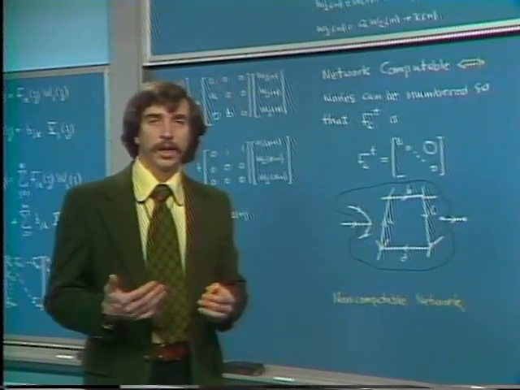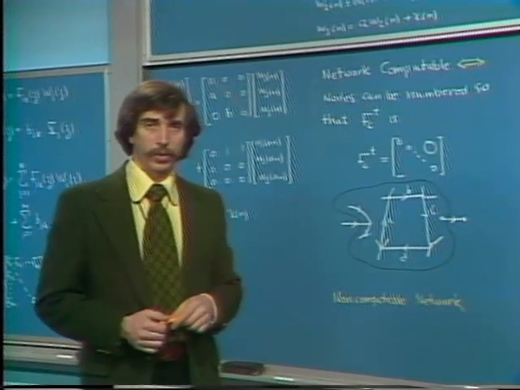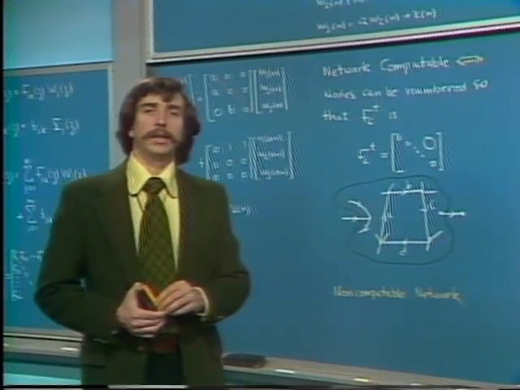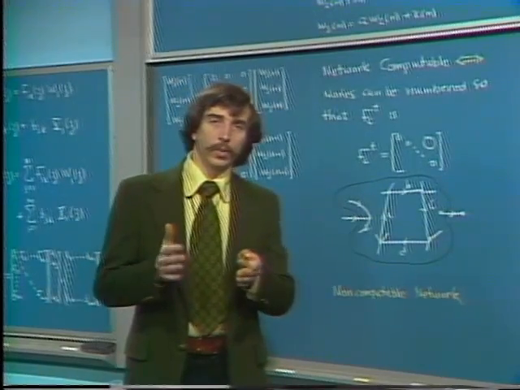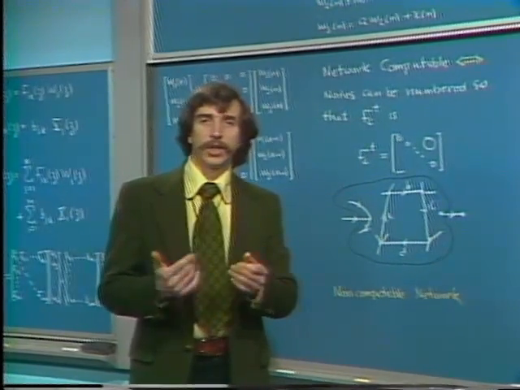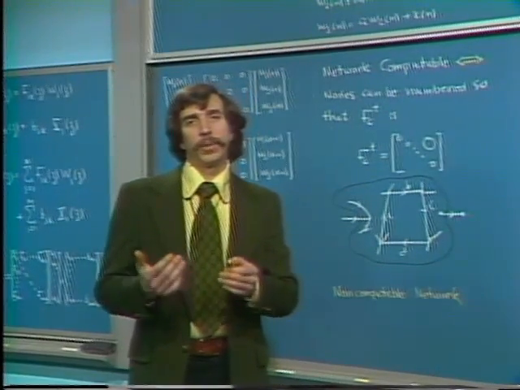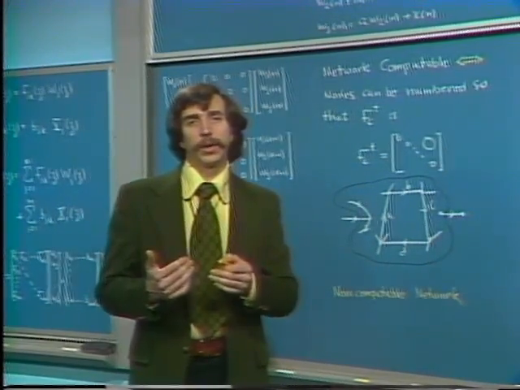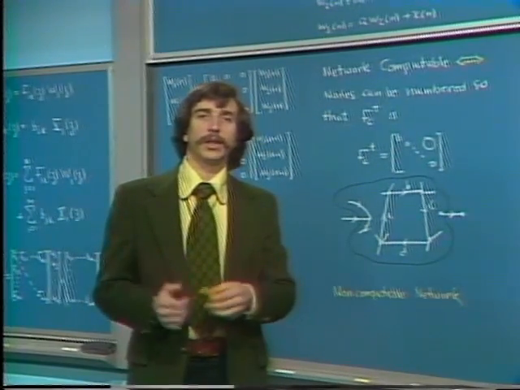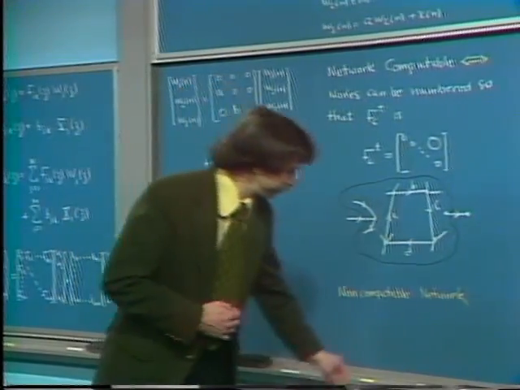There is, in fact, a rather lengthy discussion of properties of digital networks in the text, which we won't be going into further. In the next several lectures, what we'll concentrate on are the more common digital network structures for implementing both infinite impulse response, or recursive digital filters, and finite impulse response, or non-recursive digital filters.